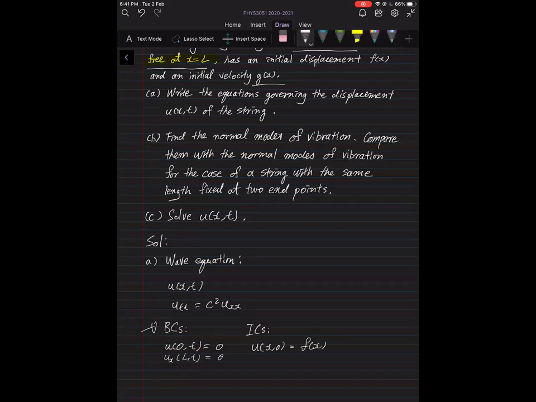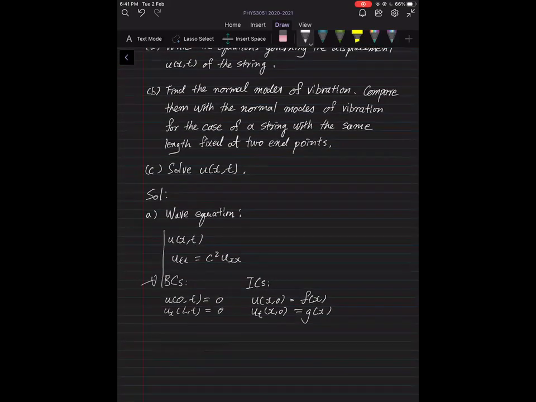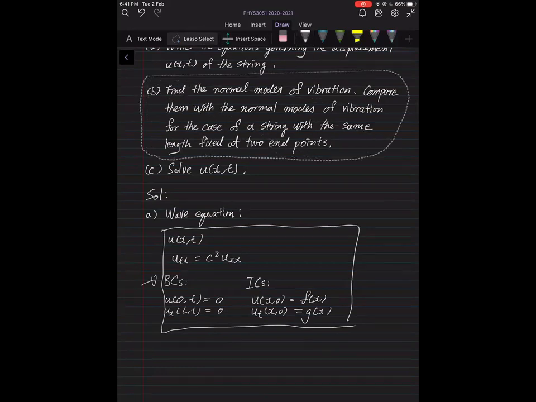And the initial velocity equal to g(x), so it's u_t(x,0) equals g(x). Okay, and so this is part A. Basically this is all the equations that we need to solve the problem. We then move on to part B.